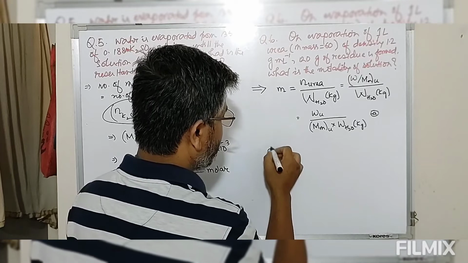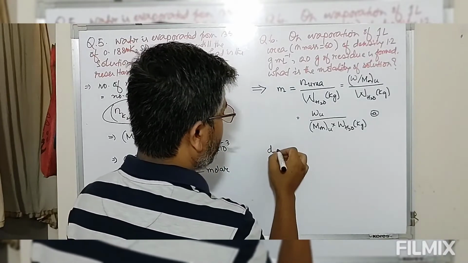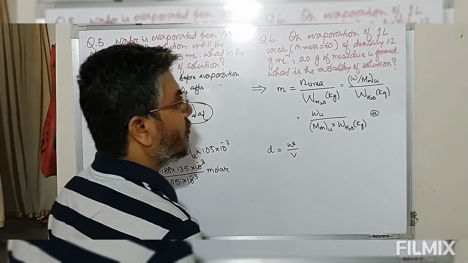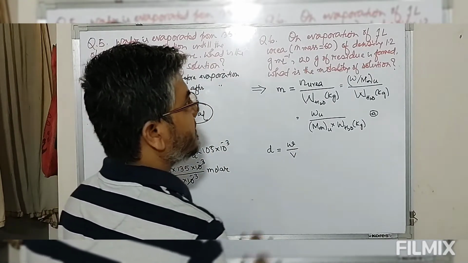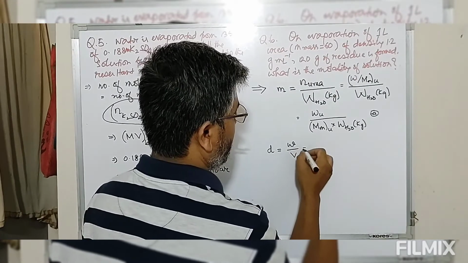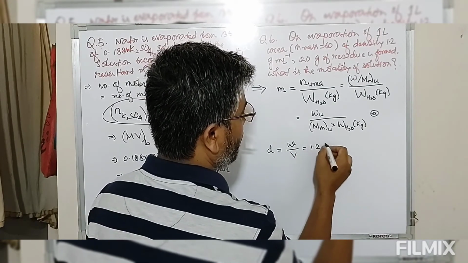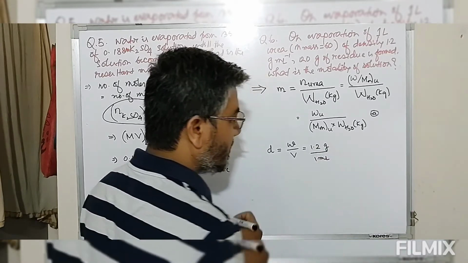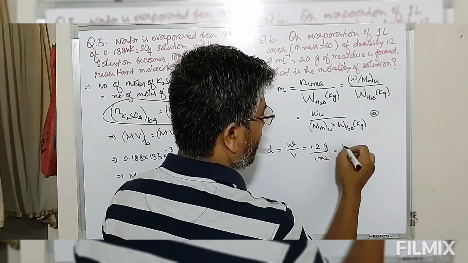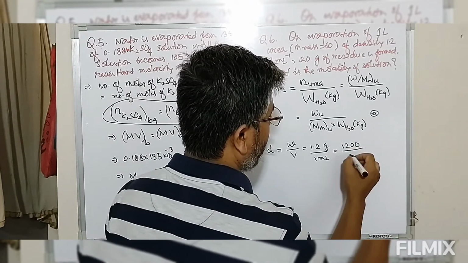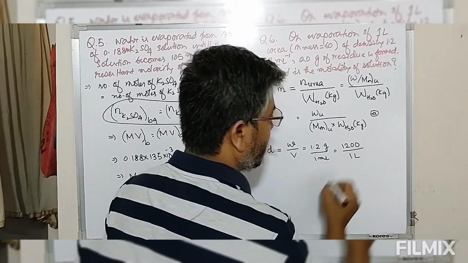We have this density. Density is given as mass divided by volume. So density is given as 1.2, that is 1.2 gram in 1 ml. So this comes out to be 1200 divided by 1 liter.